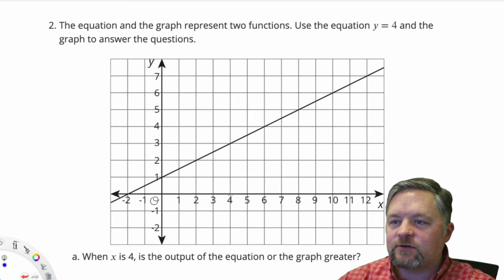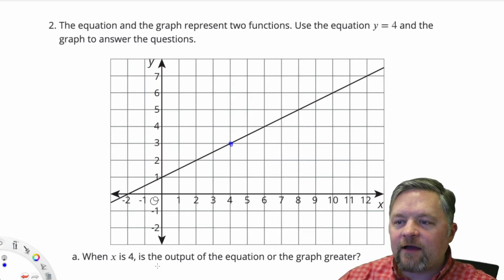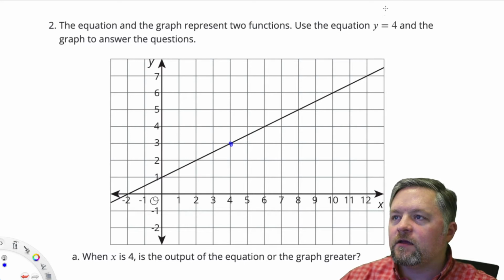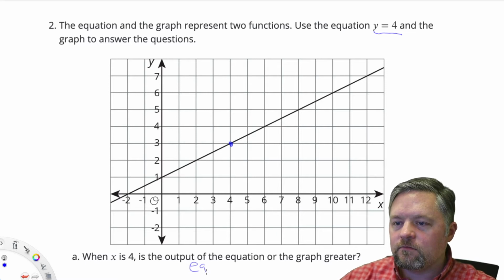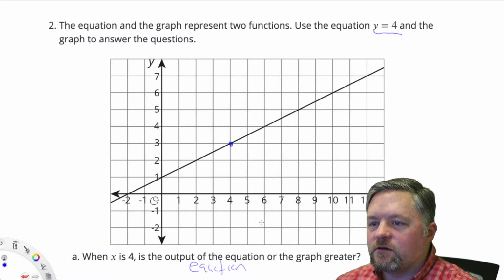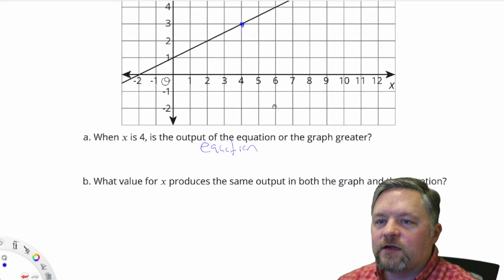So when x equals 4, y equals 3. So the graph is at 3, and the equation is always at 4. So which is greater? The equation. 4 is more than 3.